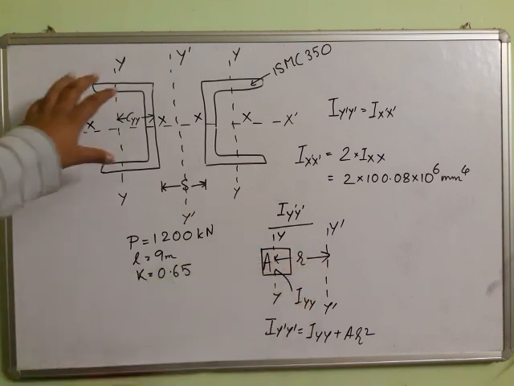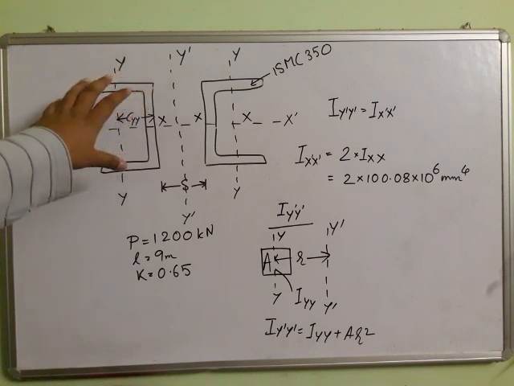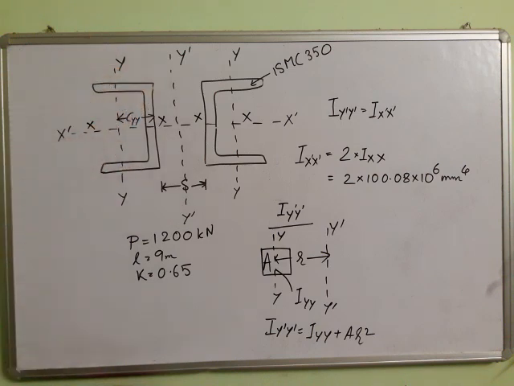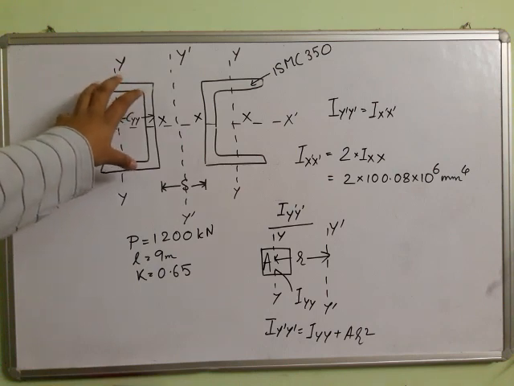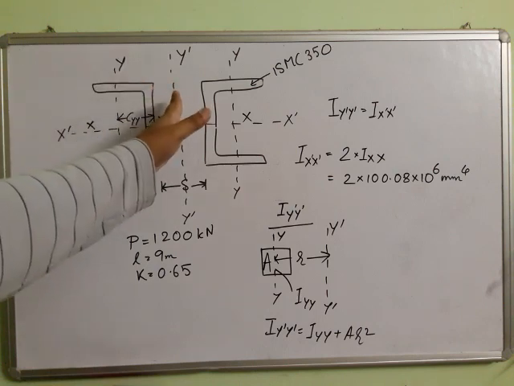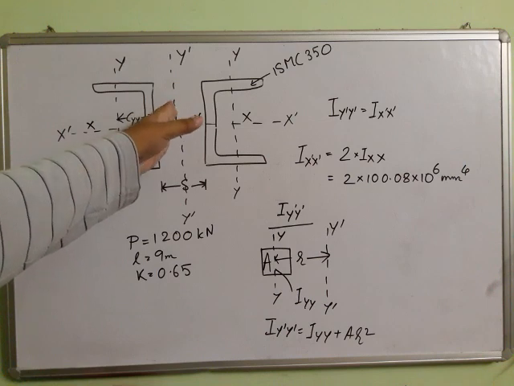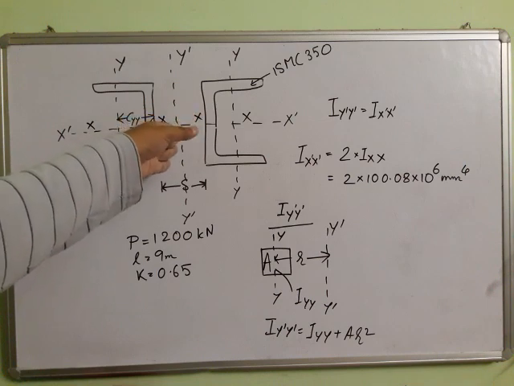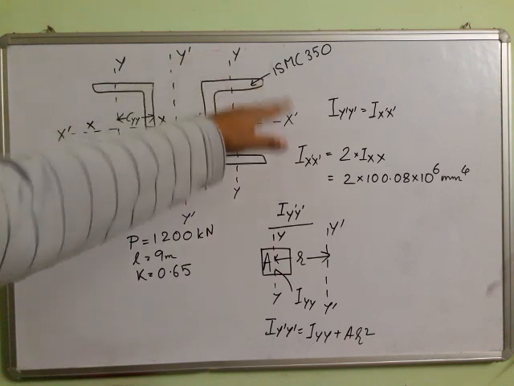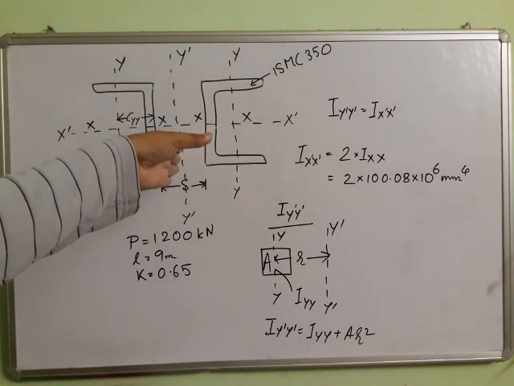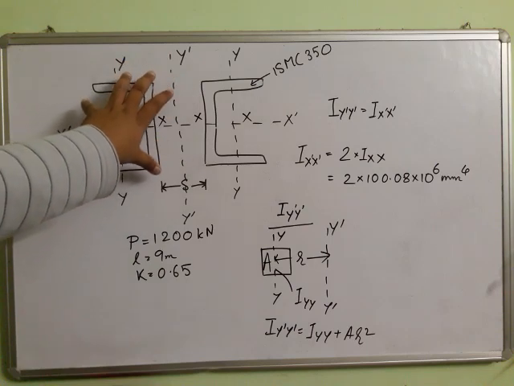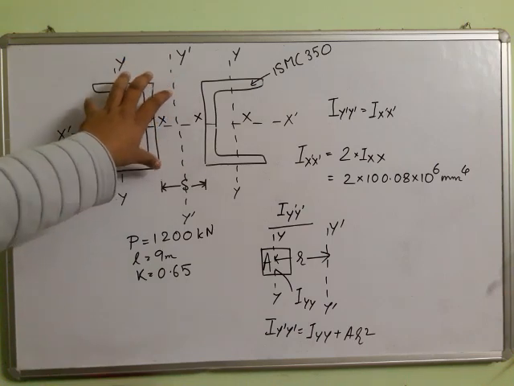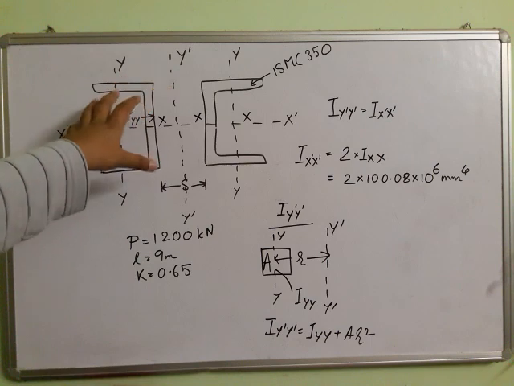Now let us concentrate on one channel section. Okay, so when we find out the moment of inertia of this section about y', if we multiply it by 2, then we will get the total moment of inertia of both the sections about y', because these are symmetric. So we have to just find out y' for this one, and then we just have to multiply it by 2.